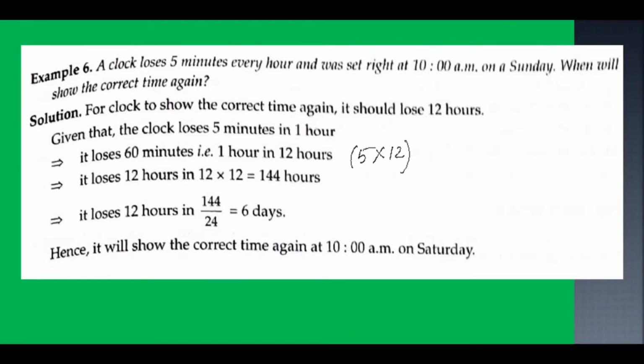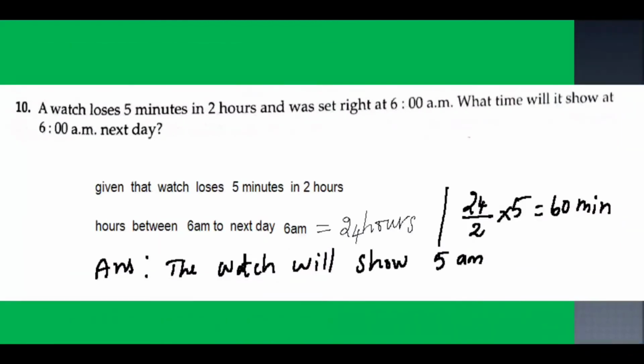So at Saturday 10 a.m. again the watch will show correct time. So hence it will show correct time again at 10 a.m. on Saturday. So after 6 days of this Sunday.